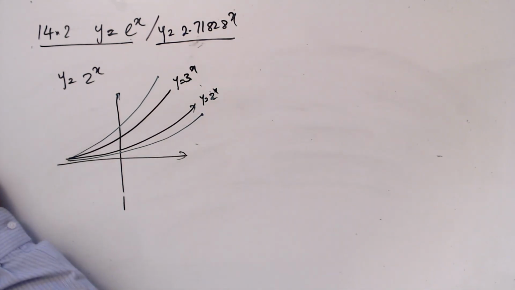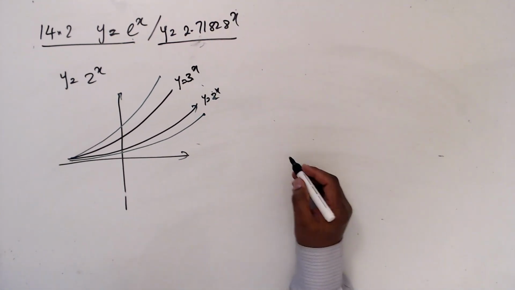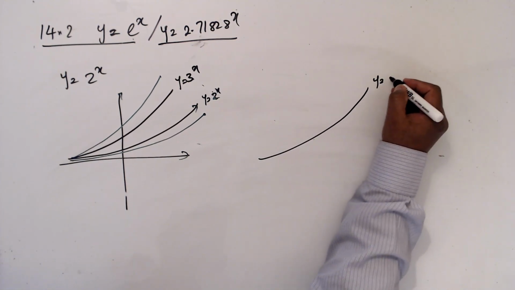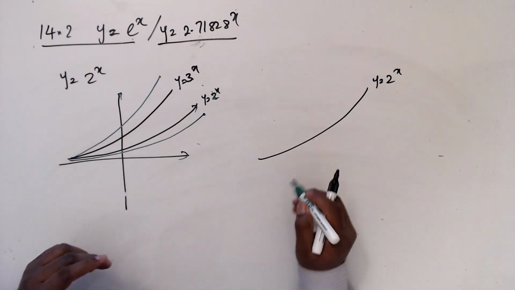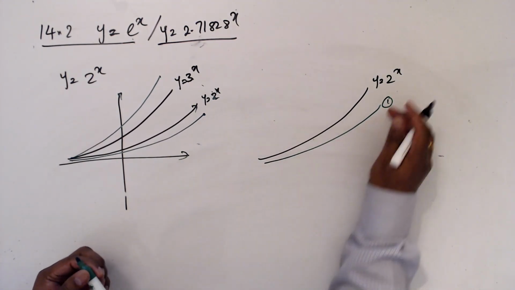If I explain this scenario differently, this is the y equal 2 to the power x graph, and this is the gradient graph. Then I increase this one.